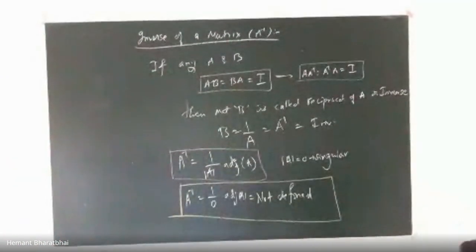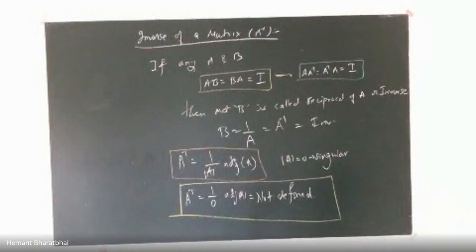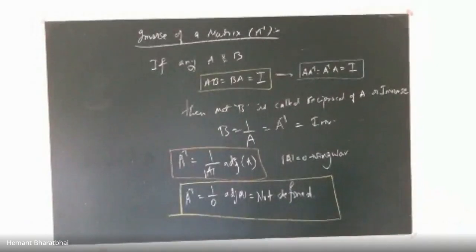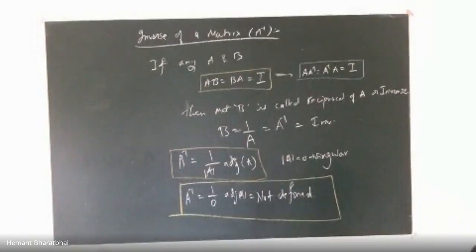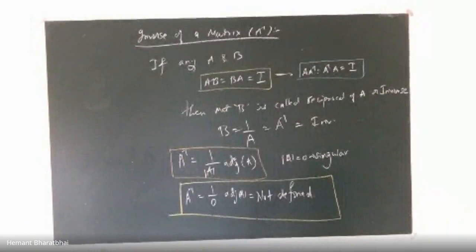I hope whatever we have done today is clear. Today we started with one numerical wherein we understood how the orders of the matrices are important for multiplication. Then we saw many properties and proved certain properties. Then we saw the minor of a matrix, cofactor, adjoint and inverse of a matrix.